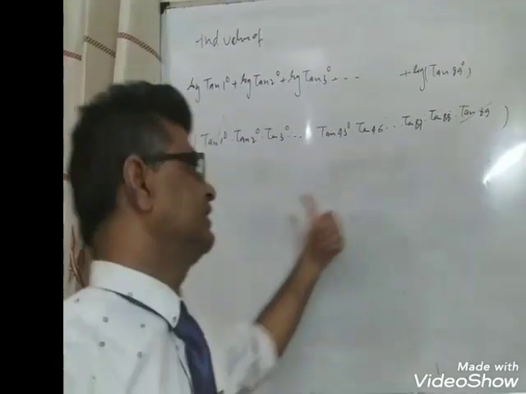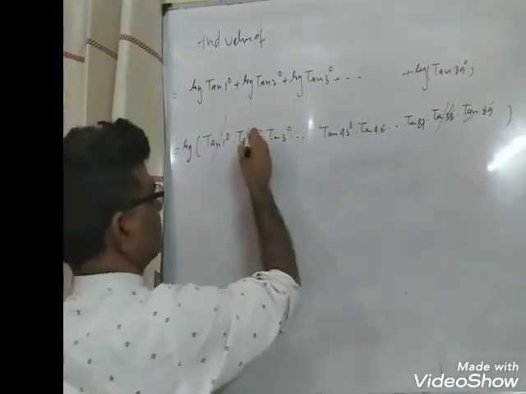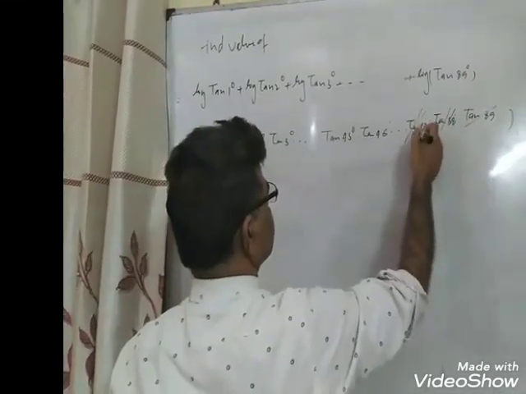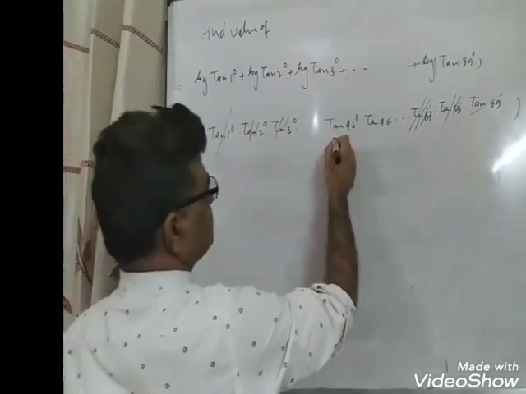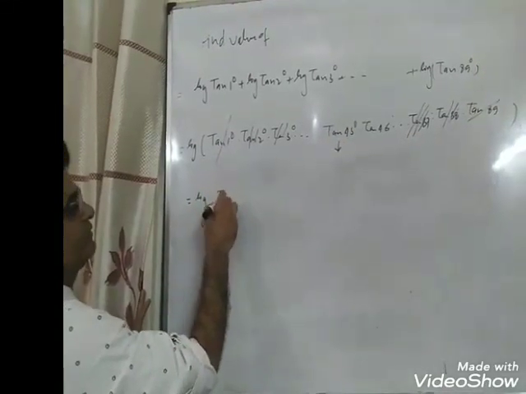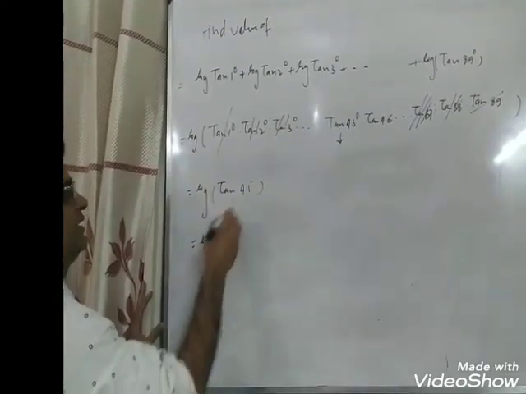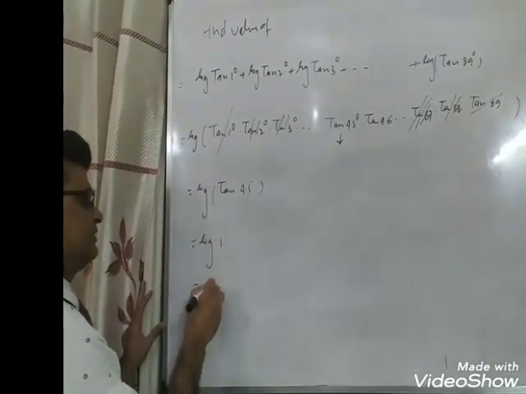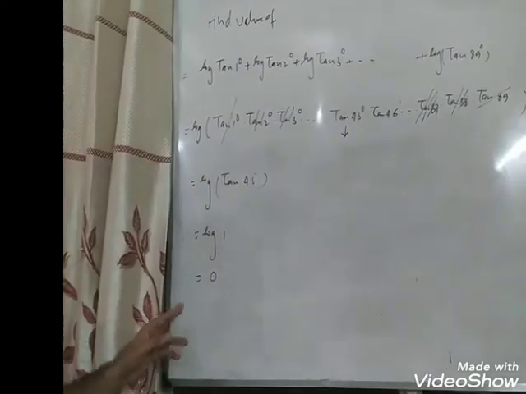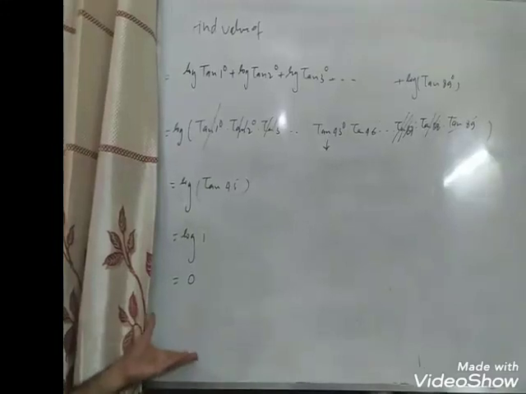So cot 1 and tan 1 will get cancelled. Similarly, tan 88 will get cancelled like this. Tan 81 will get cancelled by this. So lastly, only log of tan 45 degree will remain. Tan 45 degree is 1 and log of 1 in any case is equal to 0. So the value of this expression is equal to 0.